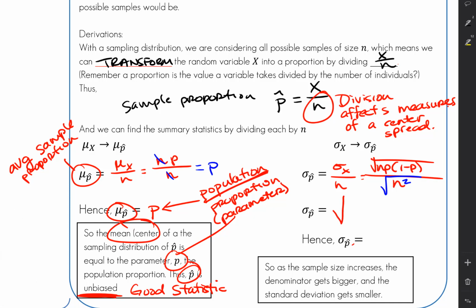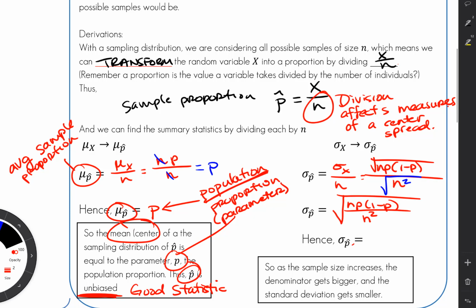Now we are considering a big square root symbol, because with a radical in both the numerator and denominator, we can just write everything under one radical, and this is going to turn into the fraction n times p times 1 minus p, all divided by n squared. Now, since both are inside the radical, we can start to manipulate them. And what do we notice about n's in the numerator and denominator?